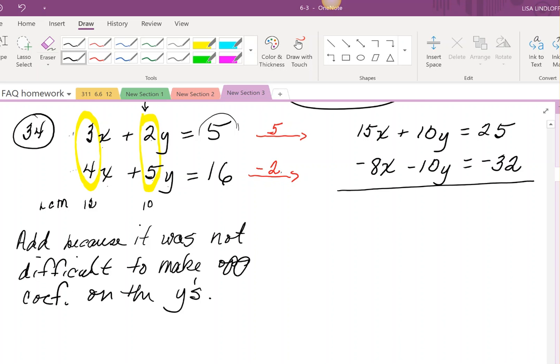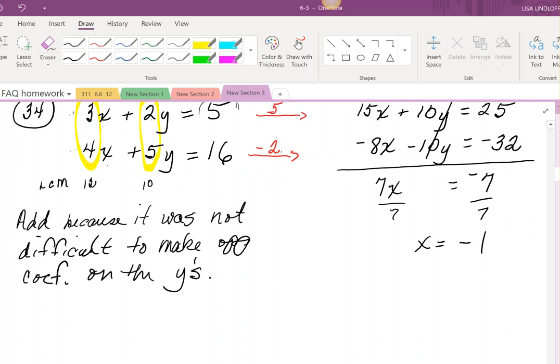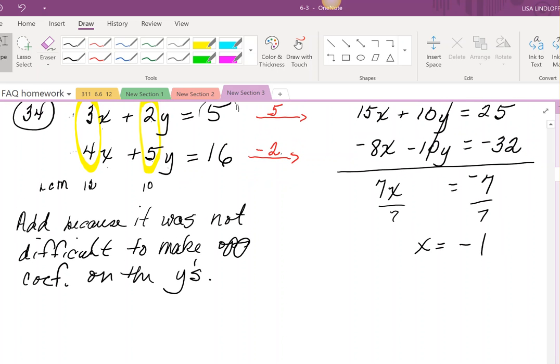All right, going on with the problem. So I have 7x, those are gone, is equal to, looks like -7. Divide by 7, x is -1. Now I need to pick an equation to find y. I typically, unless there's a bunch of fractions, I'll pick one of the original ones, but you're welcome to pick one of the modified ones.